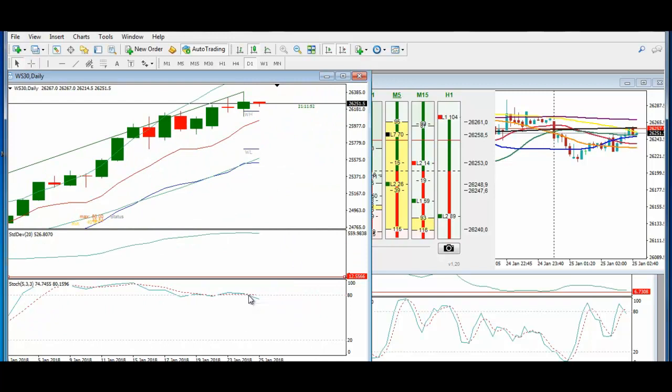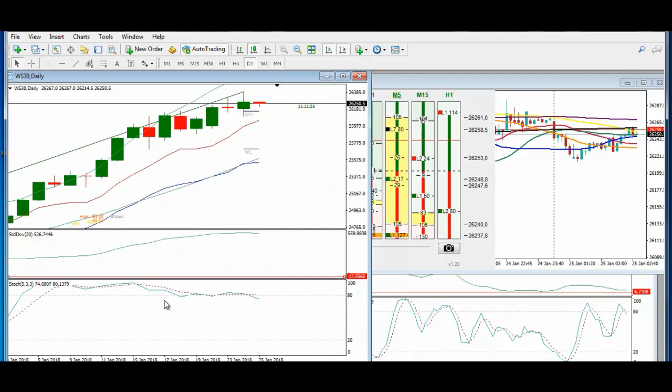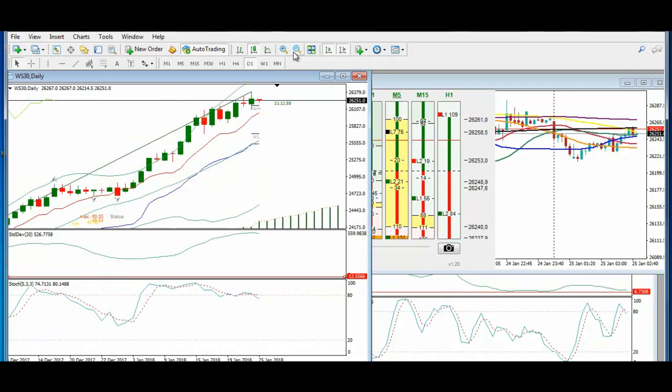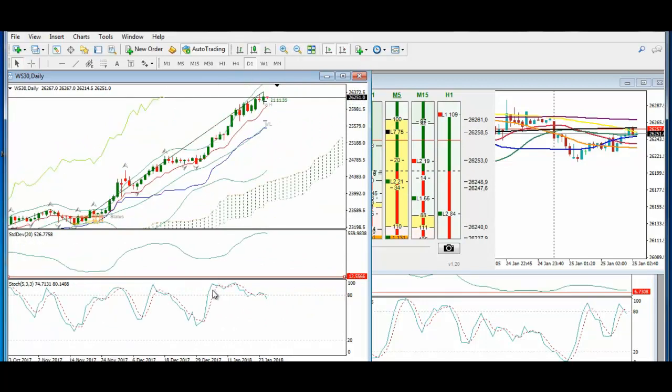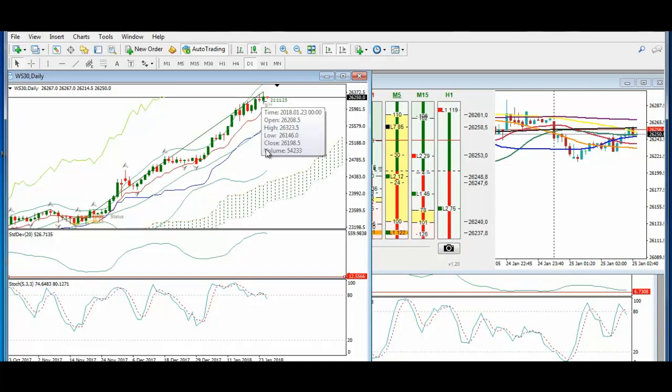The daily stochastic shows that there might be a downward movement, but believe me, when there is a trend, stochastic fails for sure. For example, if you're a stochastic player, you can see the stochastic goes down, but the market never leaves the uptrend.